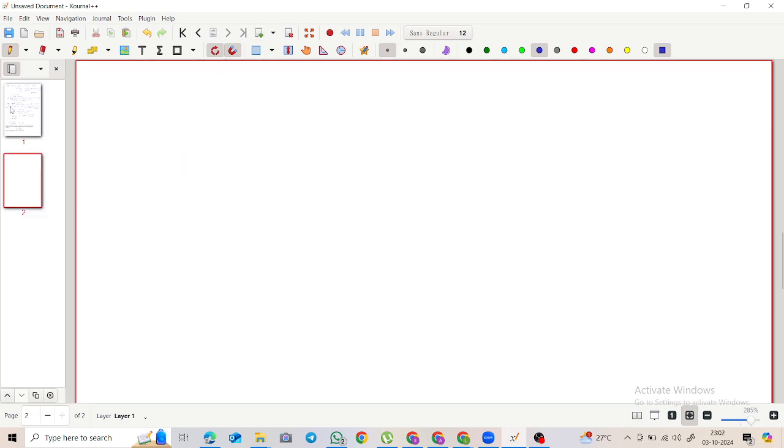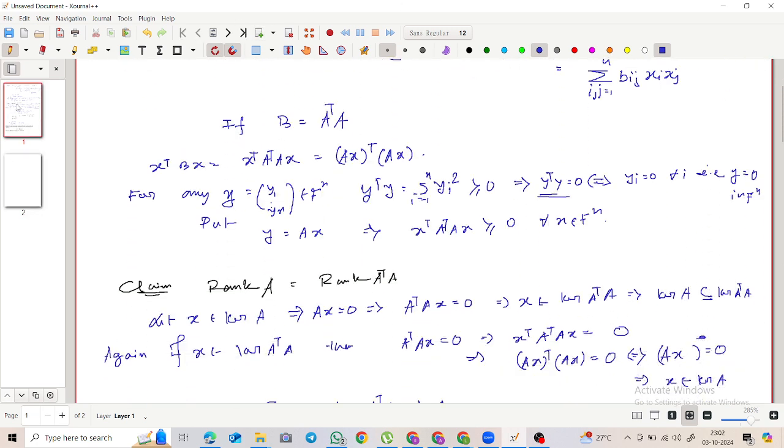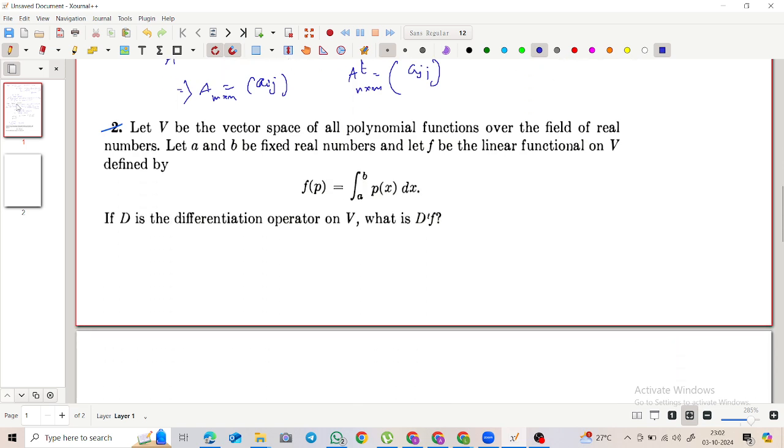So how are we doing it? D transpose f at p equals f of D p by definition of f transpose, f compose D, right?